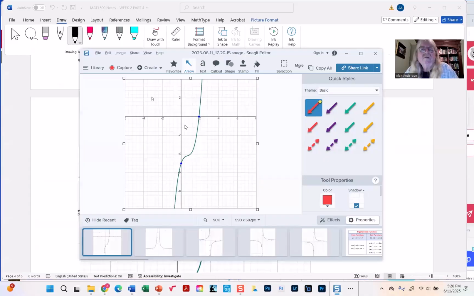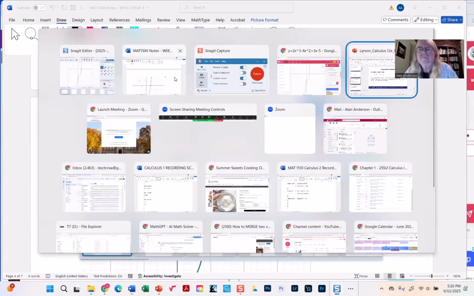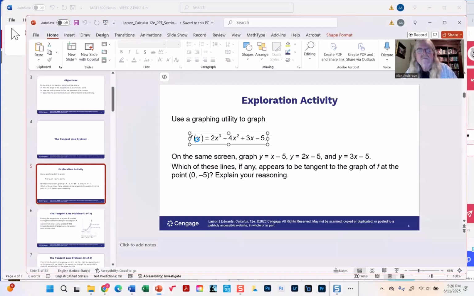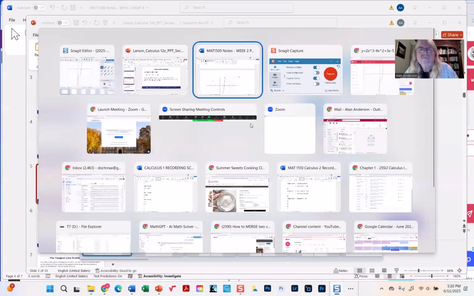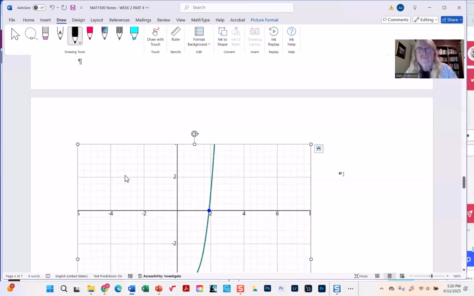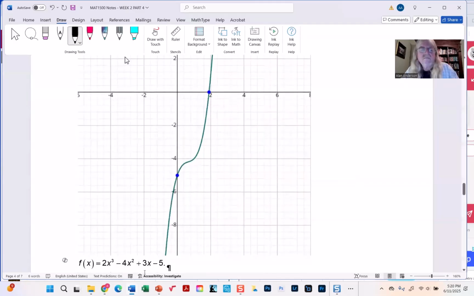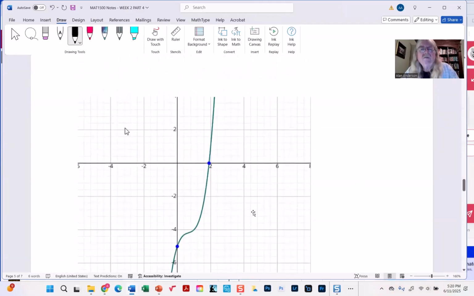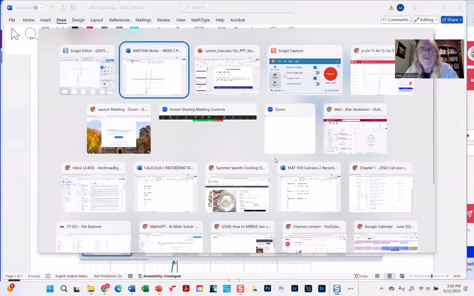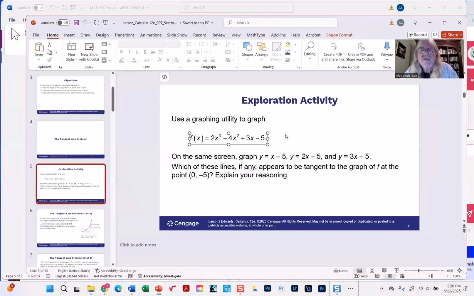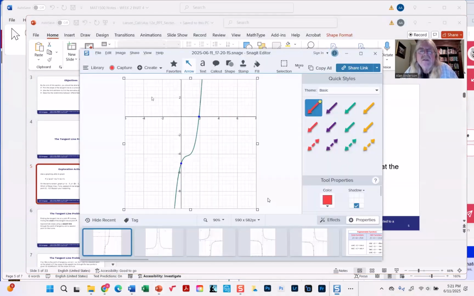All right, let me make a note of what this function is. All right, so that's the function. Now they want us to do what? Graph. Well, this is interesting. They want us to graph y equals x minus 5, 2x minus 5, and 3x minus 5. Which of these appears to be tangent to the graph at the point 0, negative 5?